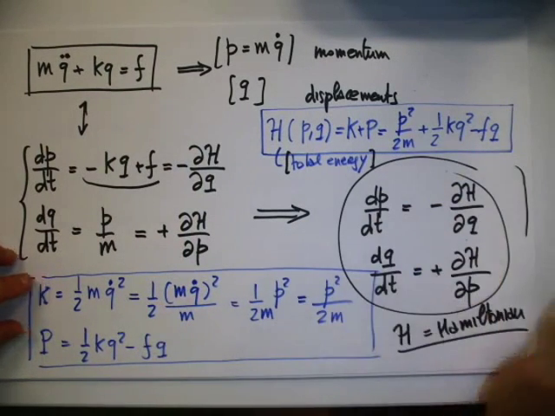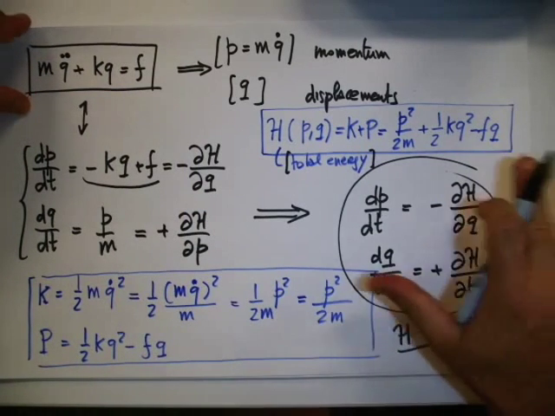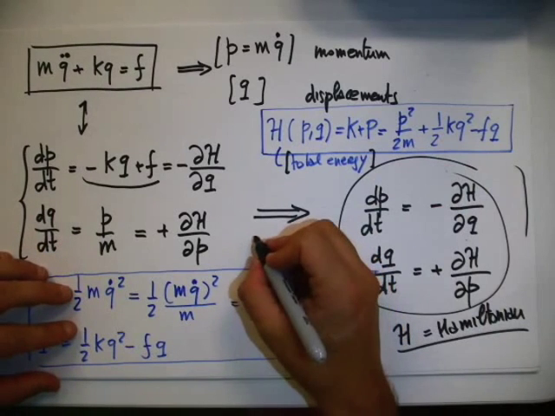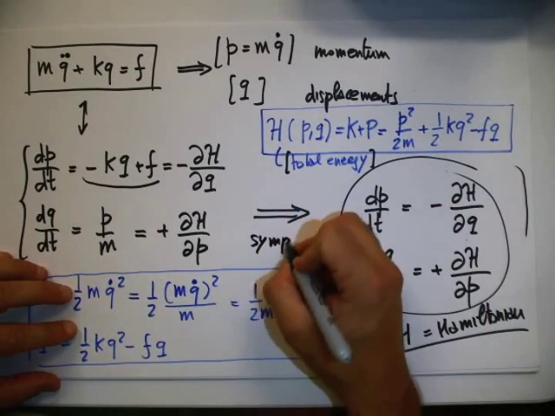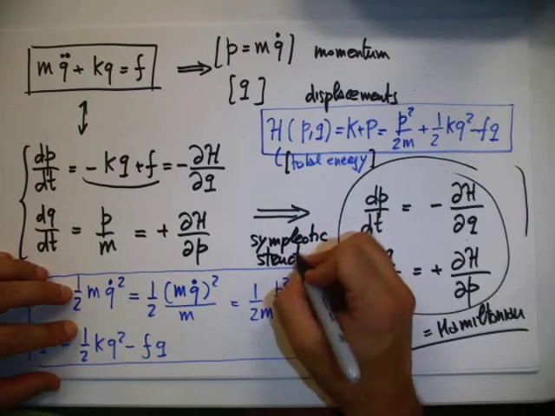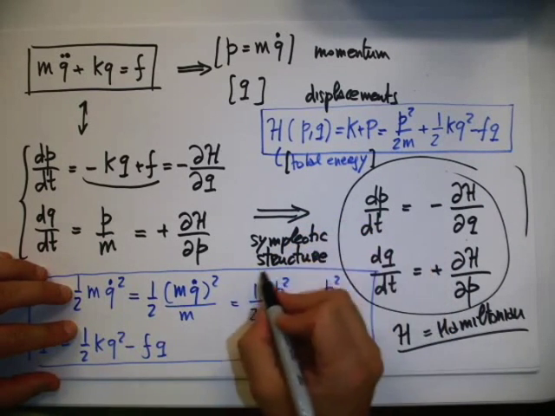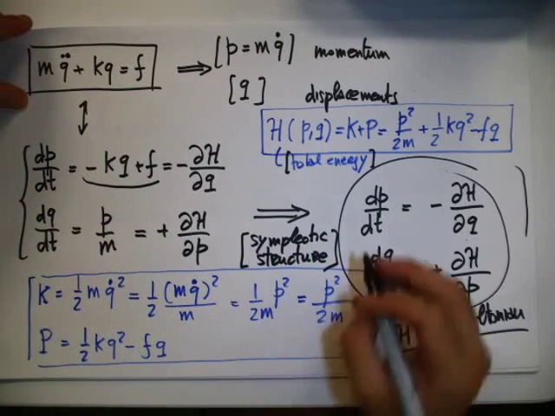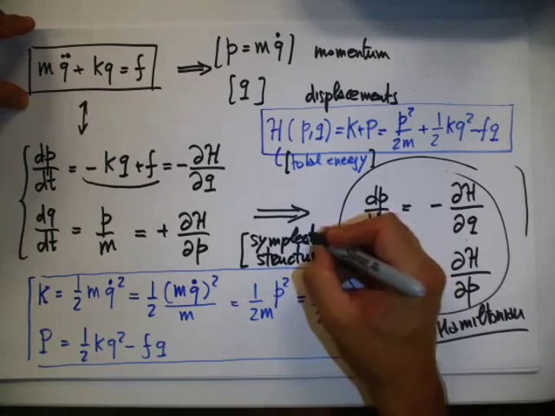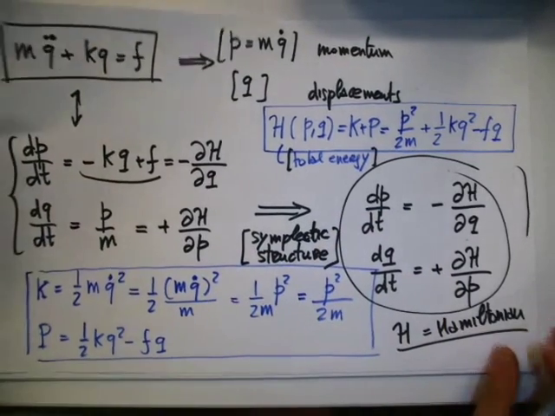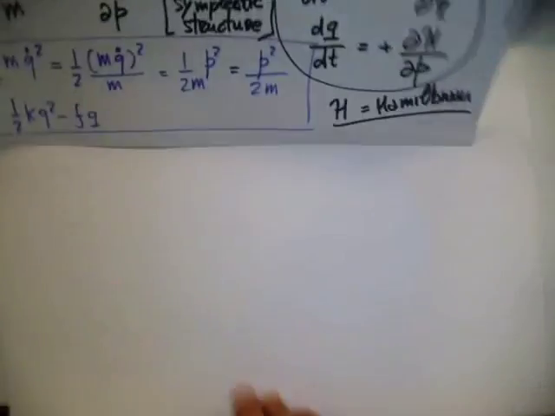So this is the Hamiltonian formulation of our dynamical equations. And now we start to see some structure here, actually what is called a symplectic structure. Let's try to understand all these fancy words, what they mean.